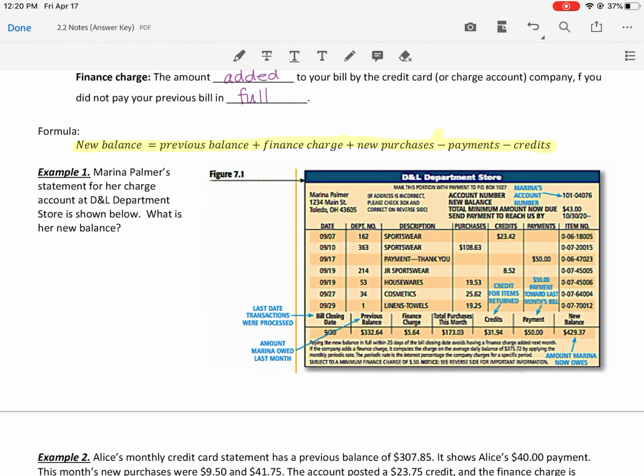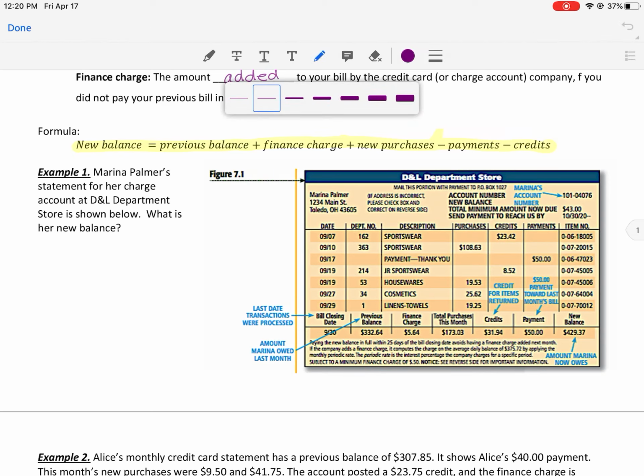So let's go through it. Marina Palmer's statement for her charge account at D&L department store is shown below. What is her new balance? You can see up here on the top, we've got all of her transactions, right?